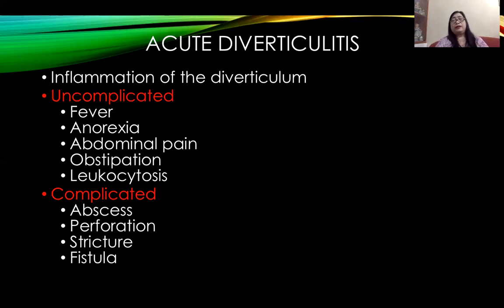For uncomplicated acute diverticulitis, the patient may develop fever, abdominal pain, constipation, obstipation, meaning the patient cannot move their bowels, and there is leukocytosis as well. For complicated acute diverticulitis, patients may have secondary complications such as abscess formation and perforation. You may develop stricturing and fistula formation.